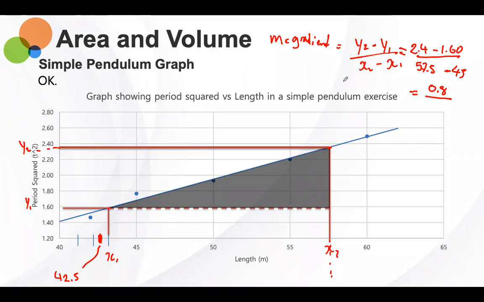It's a positive value. And at the bottom we have 57.5 minus 43. What do we get? 14.5. Everyone gets that? Yes, sir. All right, 14.5. What's our final answer for the gradient?